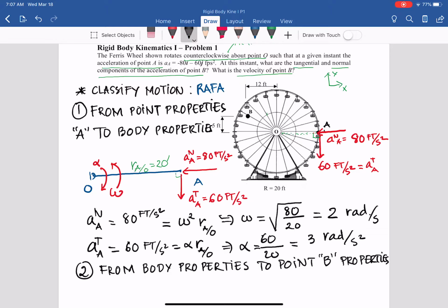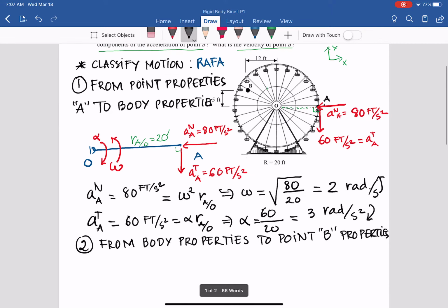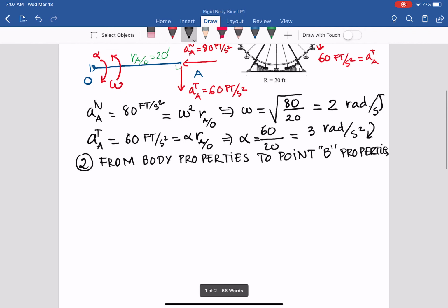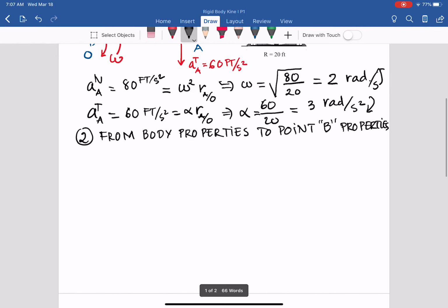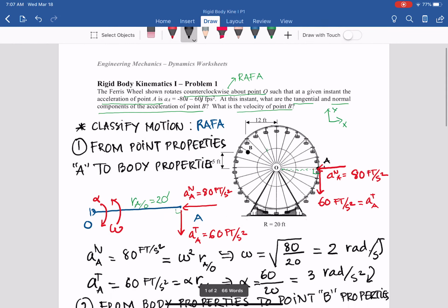In this case omega is 2 radians per second, and as I explained in the first video, it is counterclockwise because the problem is in motion counterclockwise, and alpha is consistent with the 80, so it will be clockwise. So keep that direction, and now continue with the point B properties.